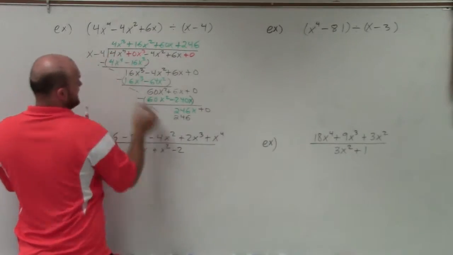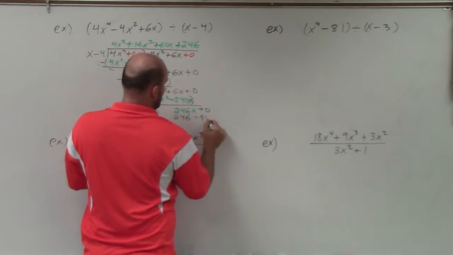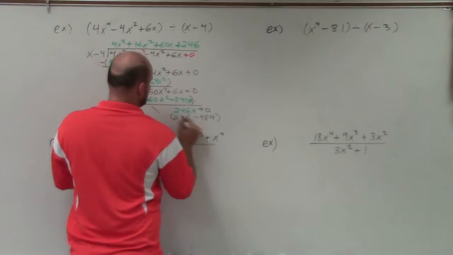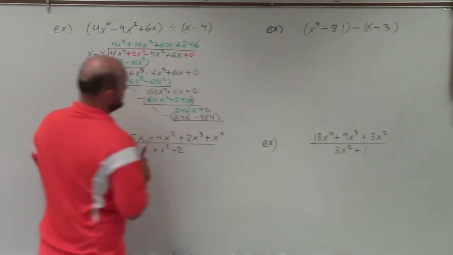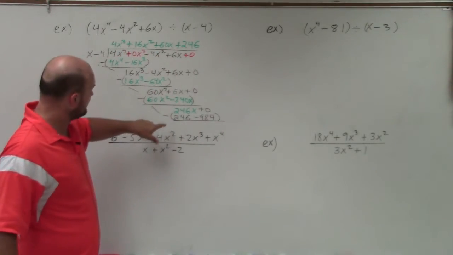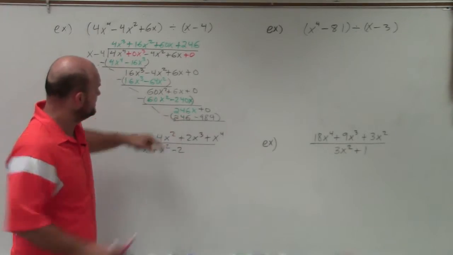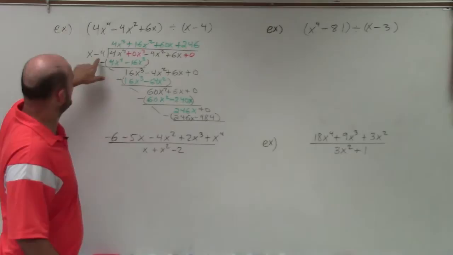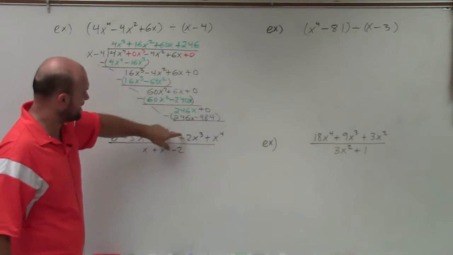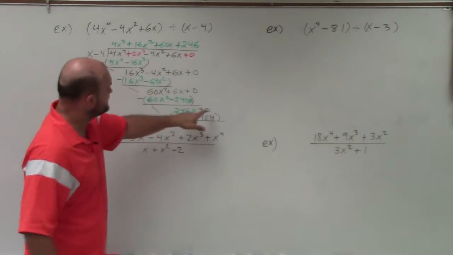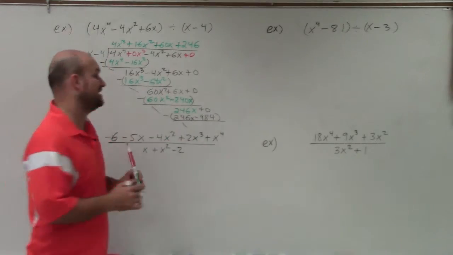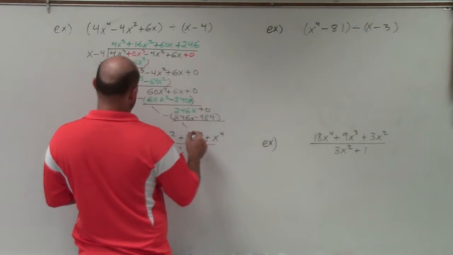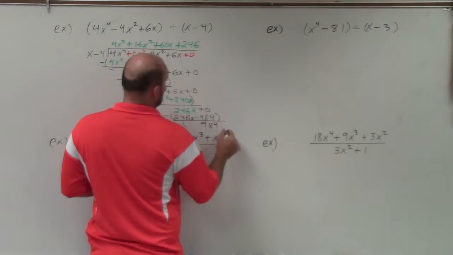And that's going to be a negative 984. Put in parentheses and subtract. What you can see here is, again, 246 times x is 246x. Subtract those, that gives you 0. And then 0 minus a negative 984 is going to give you a positive 984.